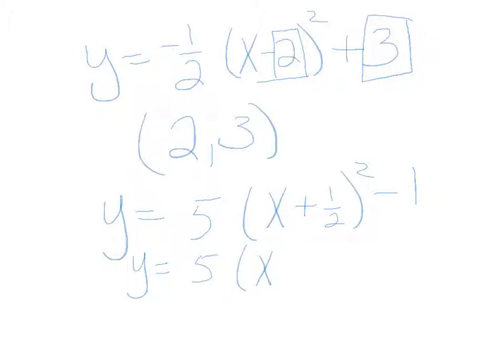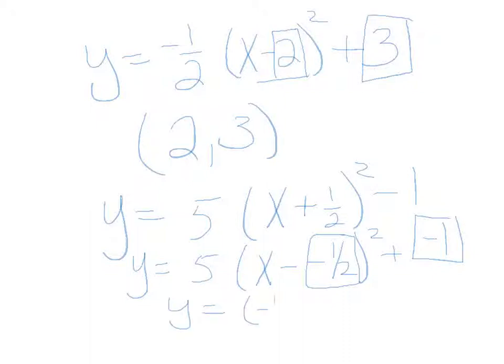So change this positive sign to a minus 1/2, and change this next sign to plus negative 1. Again, if I cleaned up those signs, I would have my original equation back, so I haven't really changed the value of it any. And then from here, I can pull off the negative 1/2 and negative 1 straight off. So y equals negative 1/2 and minus 1.